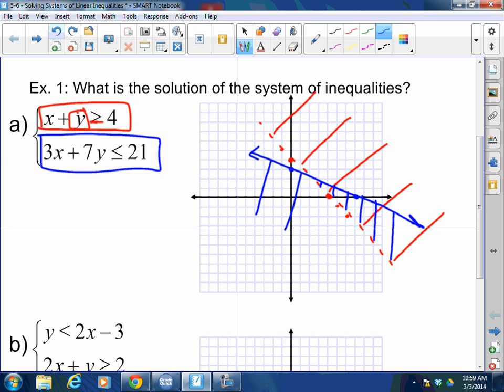What is the part that overlaps? Isn't it this area right here? Everything in here? Those are my solutions. And that's as easy as it gets.